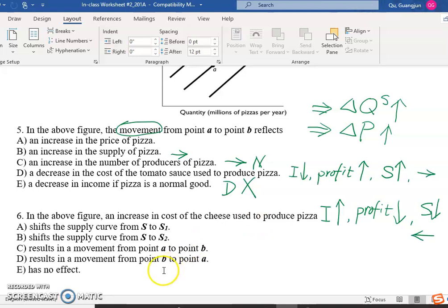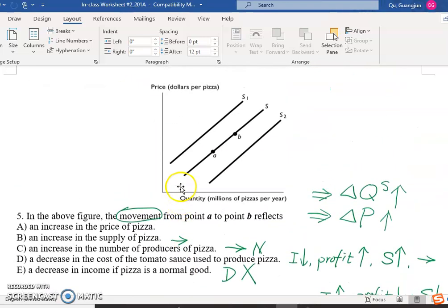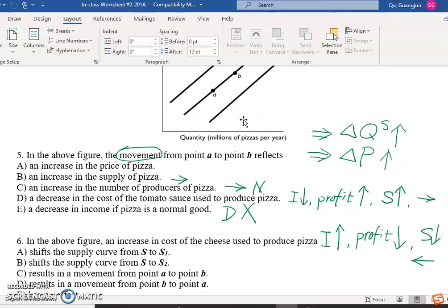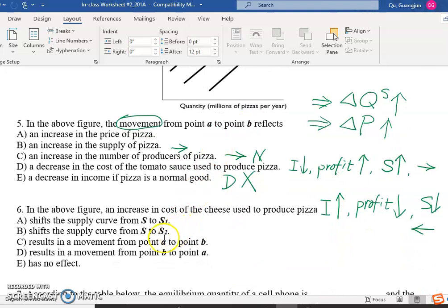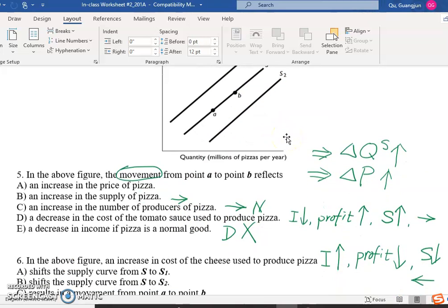So let's look at these choices. A, shift the supply curve from S to S1. Now on the graph, from S to S1, that is a leftward shift, so this is the right answer. B, shift the supply curve from S to S2, that means a rightward shift on the graph, right? That is not correct.